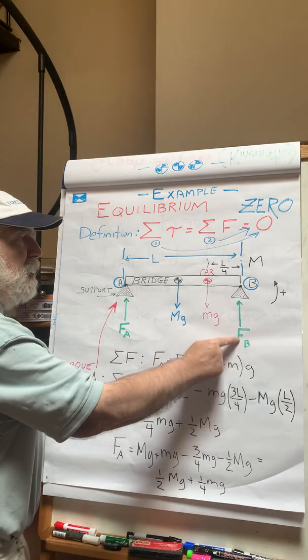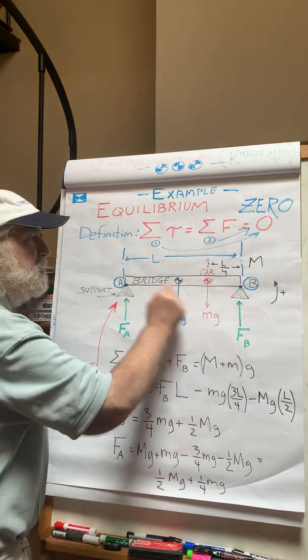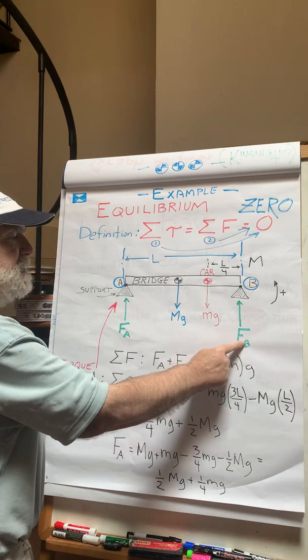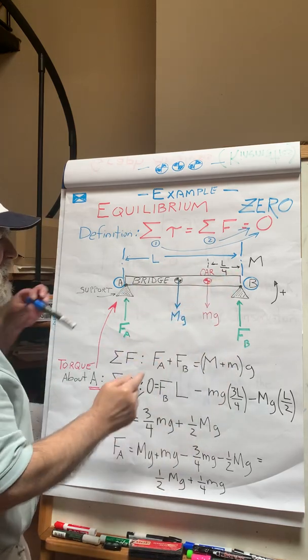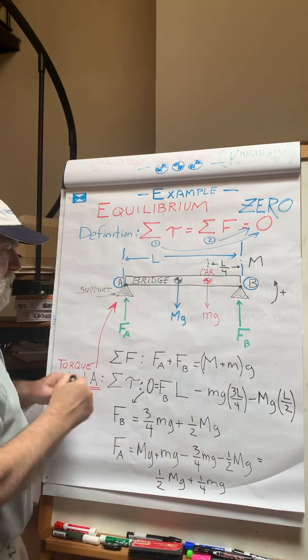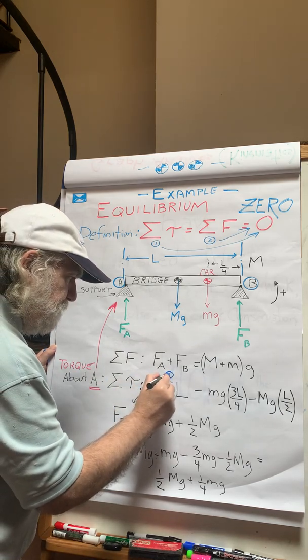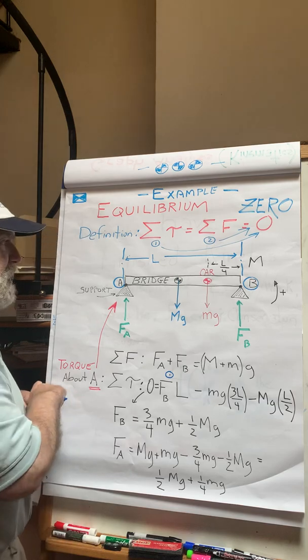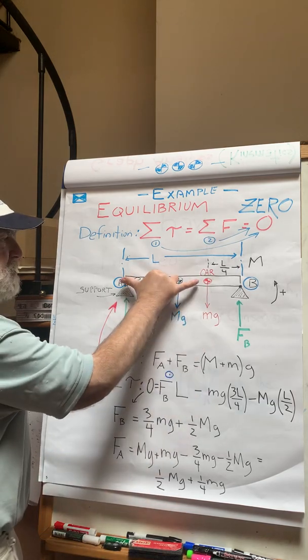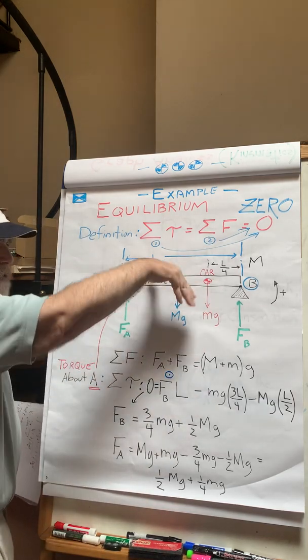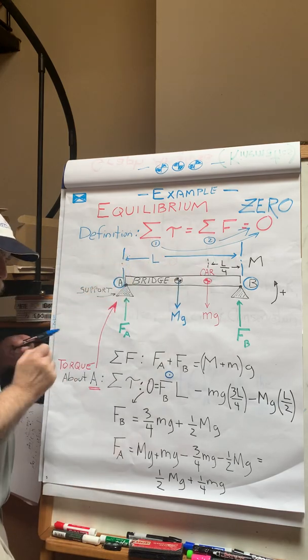So here is an upward force on the bridge. The force is FB, the length is L, the torque is out of the page. So this torque is out of the page. And we have this force times this moment arm, and that would be into the page.